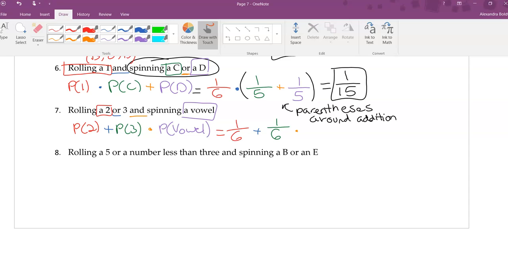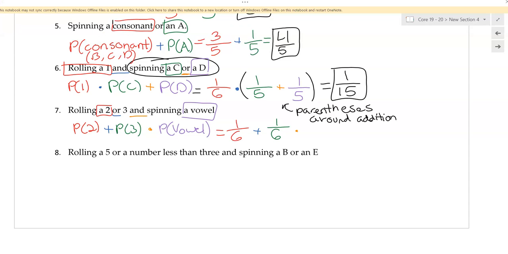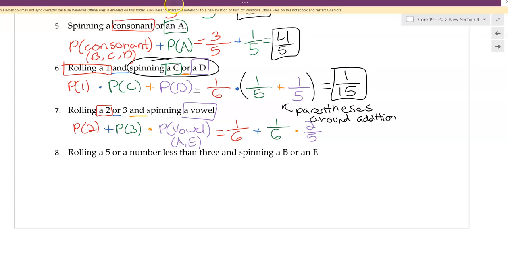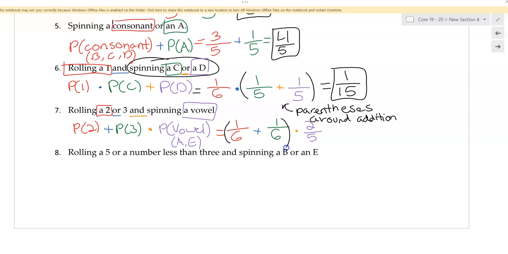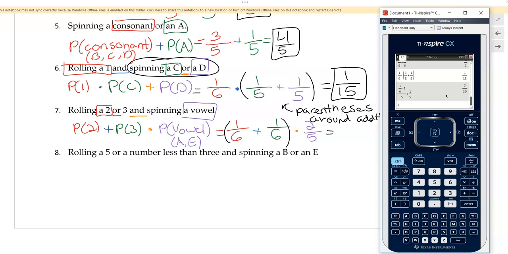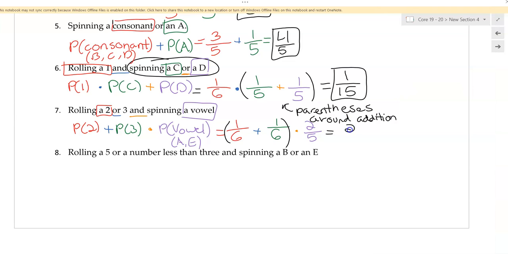I'm not going to scroll back up, but you have your picture in front of you. Our only vowels there are A and E. And so there is 2 out of 5. Then again, before I type this in my calculator, I need to add the parentheses around my addition. So I have parentheses 1/6 plus 1/6 times 2/5. I get 2 out of 15.